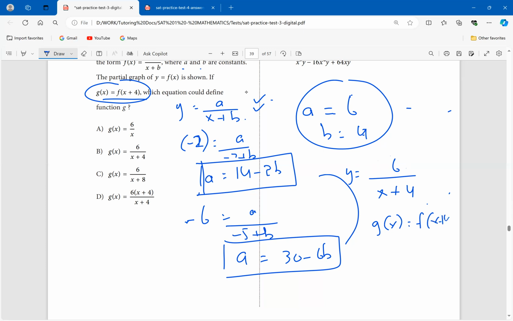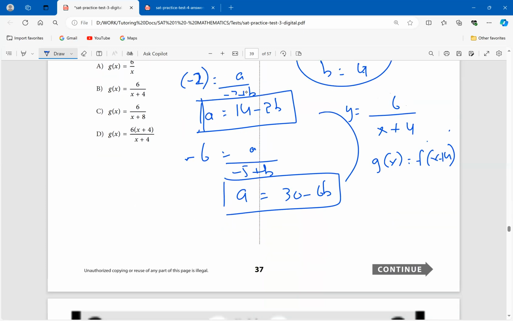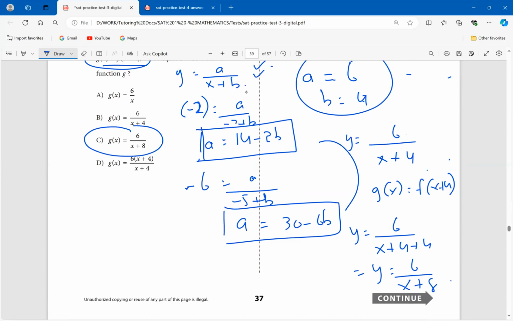Now what that means is, for all the places where you've got x, you can simply put in x plus 4. y equals 6 over x plus 4 plus 4, which will give you y equals 6 over x plus 8. Hence, C is the correct answer option.